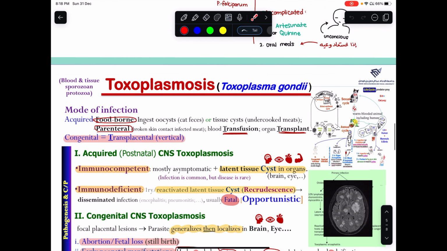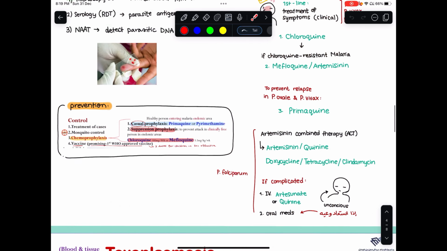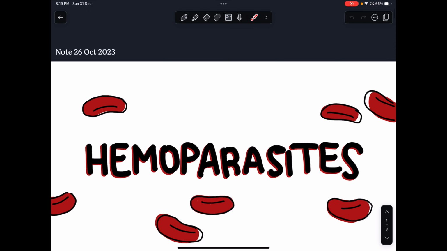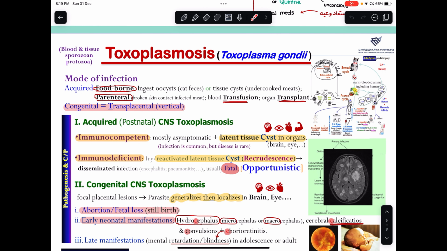Now let's go on to toxoplasmosis, caused by Toxoplasma gondii, and you probably remember it from the cutaneous parasites. First thing, they're all protozoa, so Toxoplasma gondii is a protozoan. How do we know?